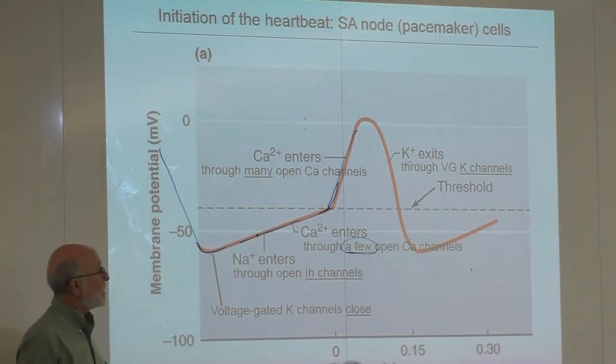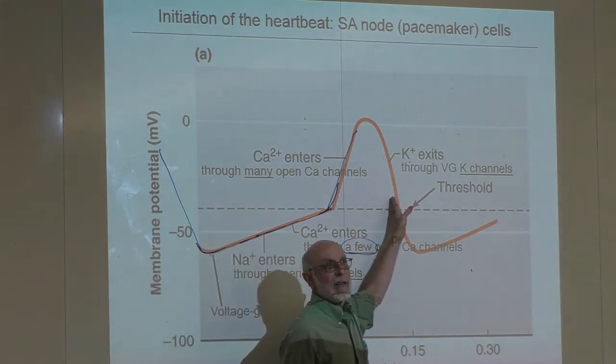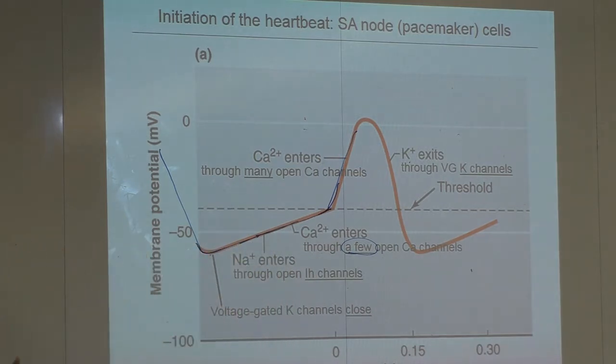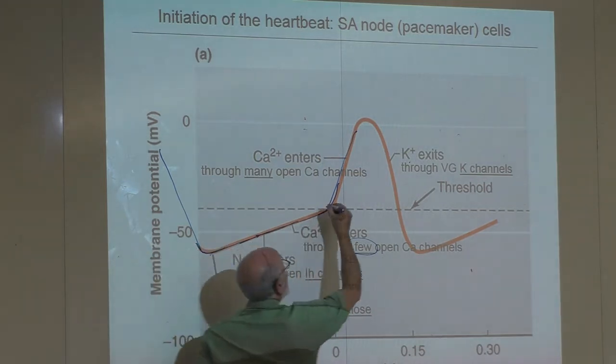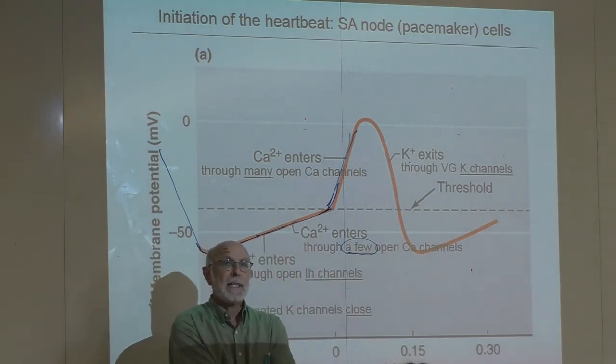Okay, so let's just start the heartbeat, but I've already indicated how we would finish it, right? So let's just go to the start of the heartbeat. So this action potential in a cluster of cells in the SA node now spreads.